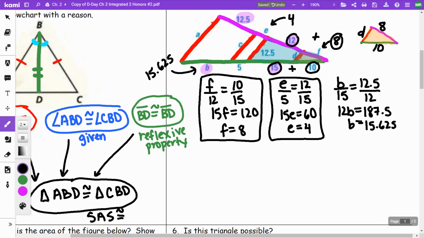So if I was to draw that triangle out, this is 12.5, this is 20, and this is 25.